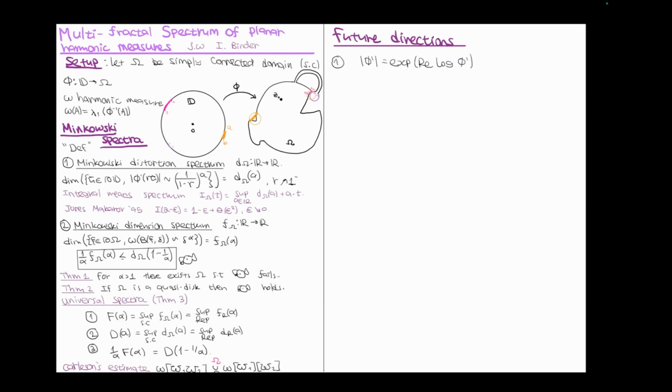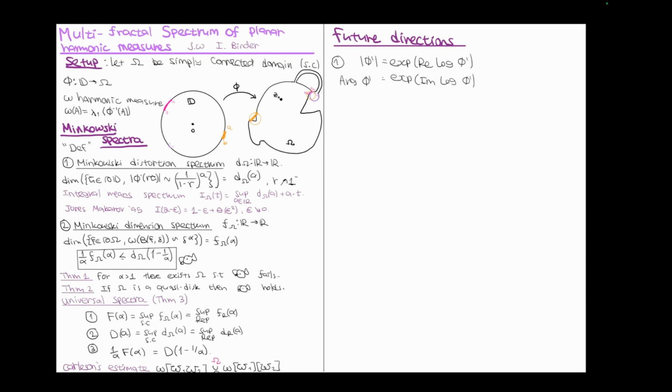And so it makes sense to ask, well, what about doing the same thing for the imaginary part? Well, we know that the imaginary part is basically the argument again, once you choose a branch.